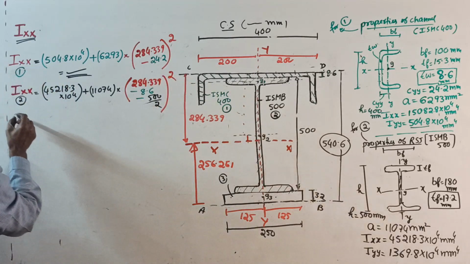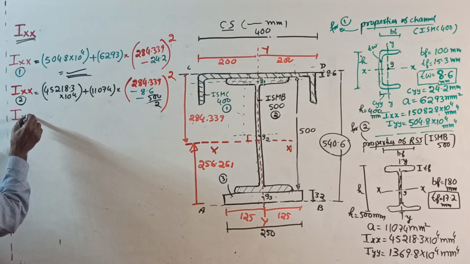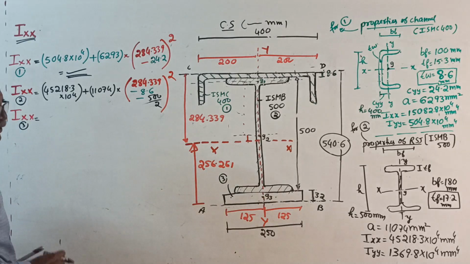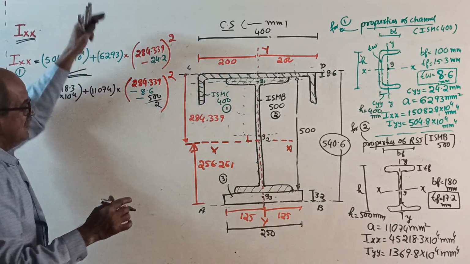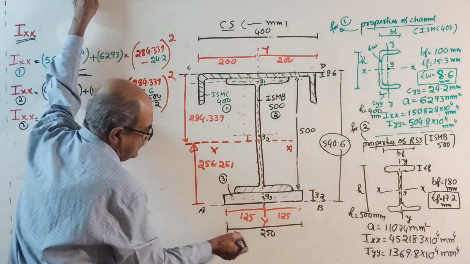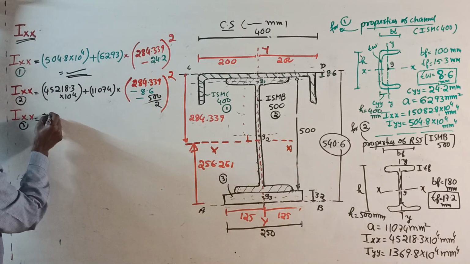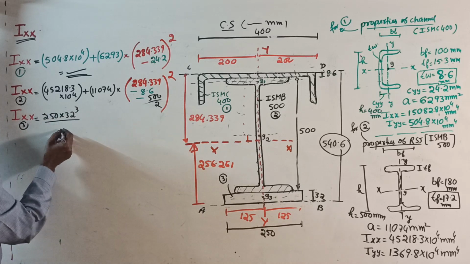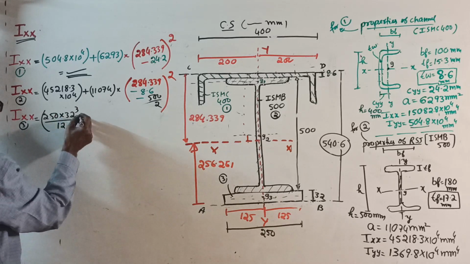Okay. Next, Ixx for 3. 3 is a rectangle. I about its own axis is 250 into 32 cube by 12. If this is not clear, that means you are not studying anything from my class.